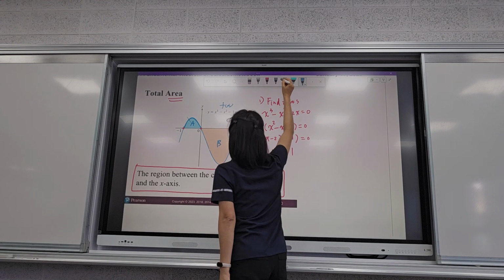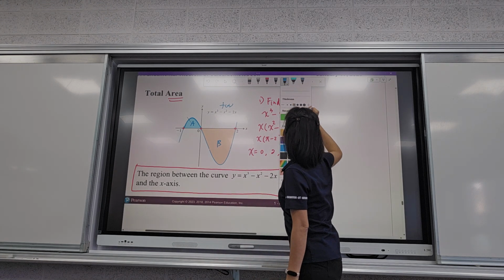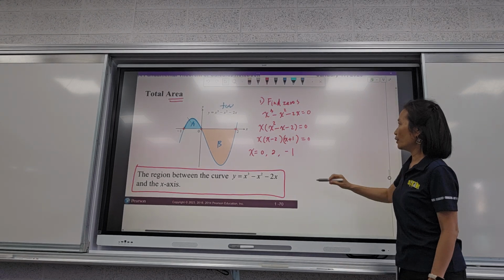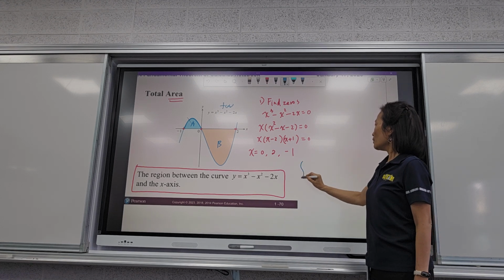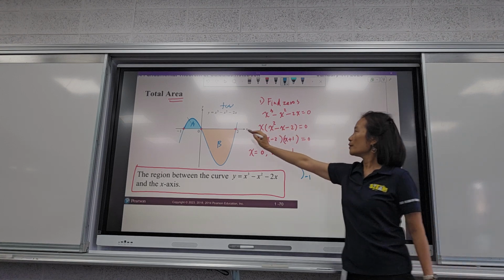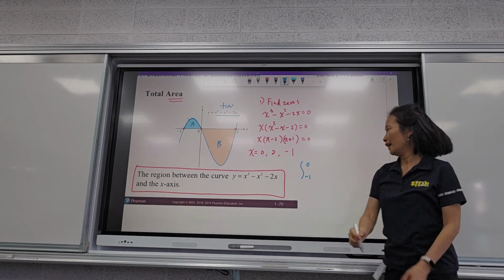So what should we do? We need to separate. Calculate it in 2 integrals. For this part, we want to write integral from negative 1 to 0. I'm going to define this as f of x, so I don't need to write the whole thing.